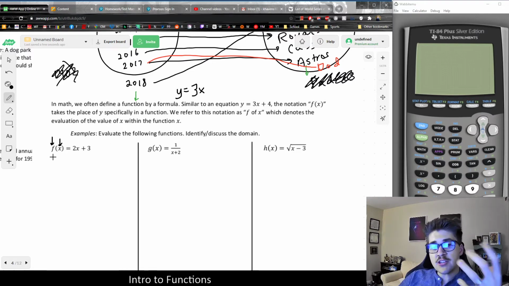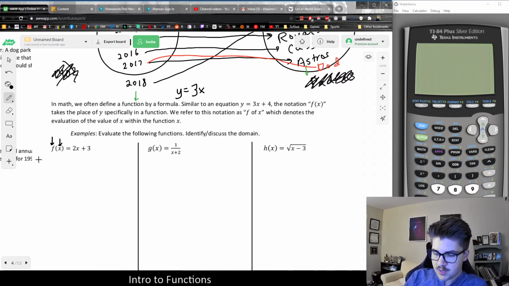The notation is a little bit confusing because usually in math, when you write 3 parentheses 4, that means 3 multiplied by 4, right? And the answer would be 12. But with function notation, it does not mean f multiplied by x. It stands for f of x.